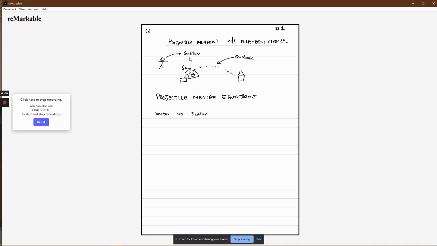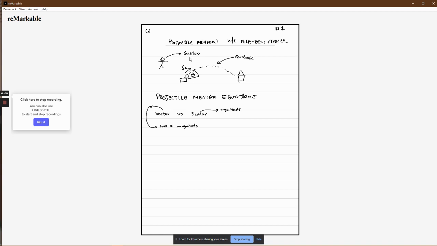We all know that a scalar quantity is only a number, a magnitude. A magnitude is just a quantity of something. So we can state this as a magnitude, and anything which is a vector, just draw this arrow down here, has a magnitude, obviously, but it also has a direction where it's moving.